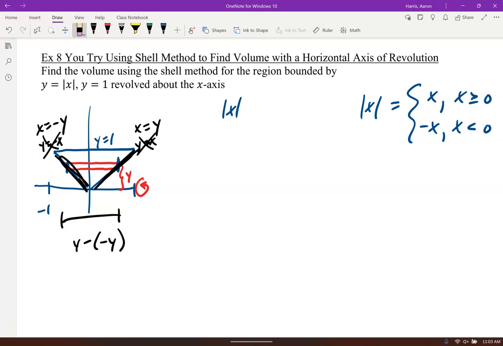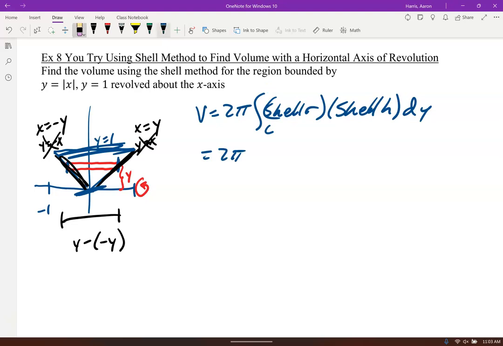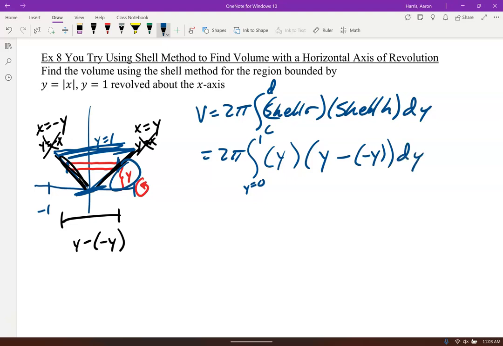Okay, so let's go ahead and scratch this out. We've got the volume is 2 pi, shell radius, shell height, dy from C to D. And of course this is going from a y value of 0 up to the y value of 1. Shell radius is y. Shell height is the right minus the left line. y plus y is 2y.